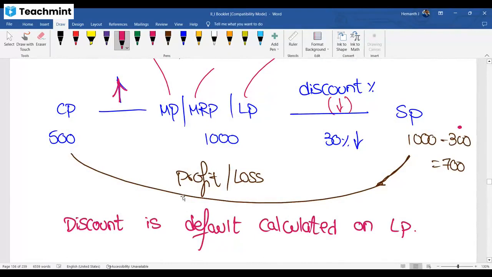MP is marked price only. Cost price increased, we call it MP or MRP or LP. Discount given, then it is the selling price. Discount is by default calculated on labeled price.